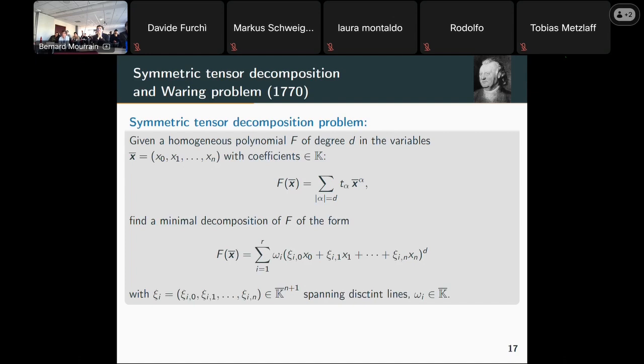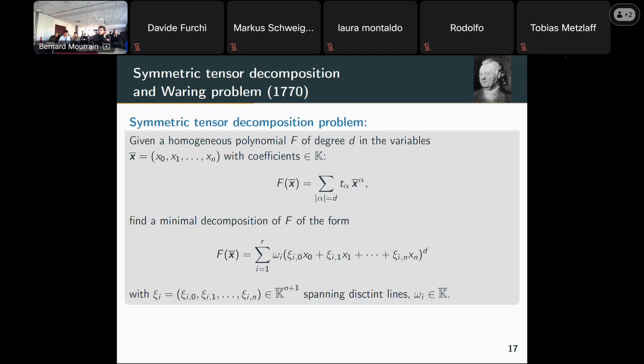Here we have a linear form to the power d and the weight omega_i. Just notice that in this representation, you can scale the point and put the scale to the power d in the weight, so this is not a unique representation, but we can normalize the representation.